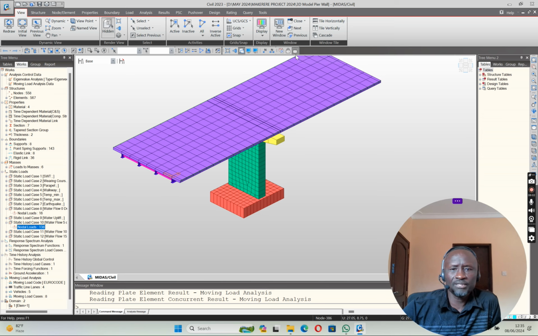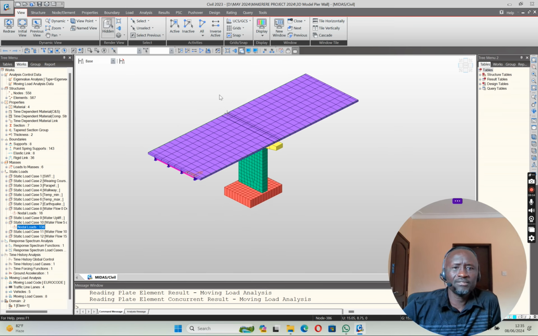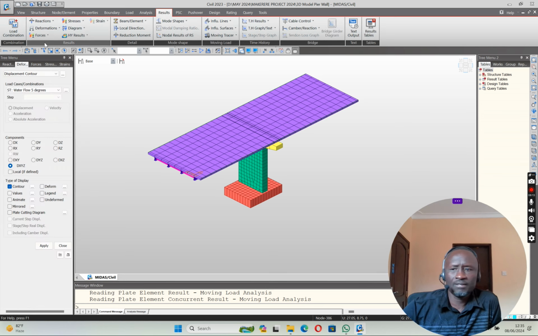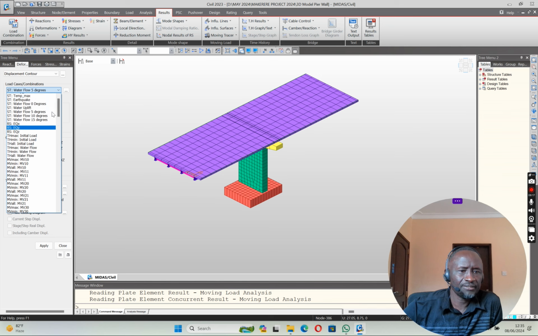So if this has already been run, all I need is to go to view, the result, deformation. Then I have water flow at 0 degree.